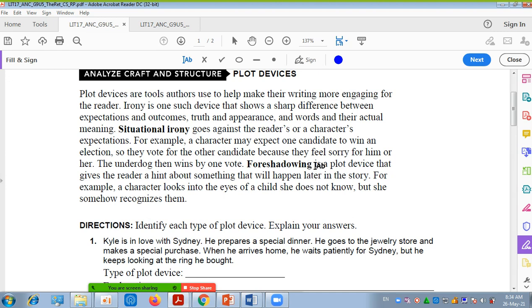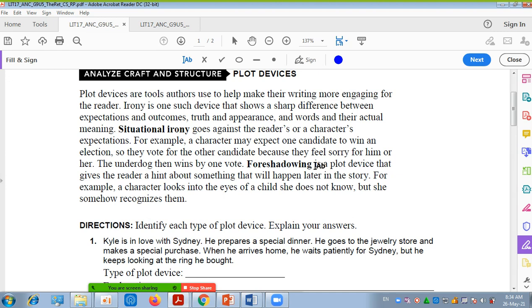Foreshadowing we have studied before. What do I mean by foreshadowing? It means that the author is giving you some hints or clues at the beginning of the story, or at the beginning of any situation, in order to help you predict what's going to happen. That's why the word is shadow. With a shadow, you can see a figure on the ground or on the wall, but you cannot detect whose it is.